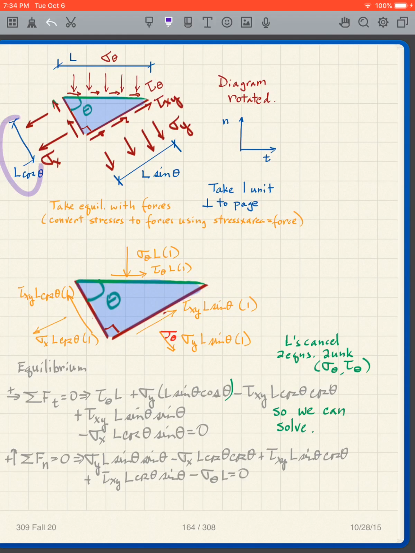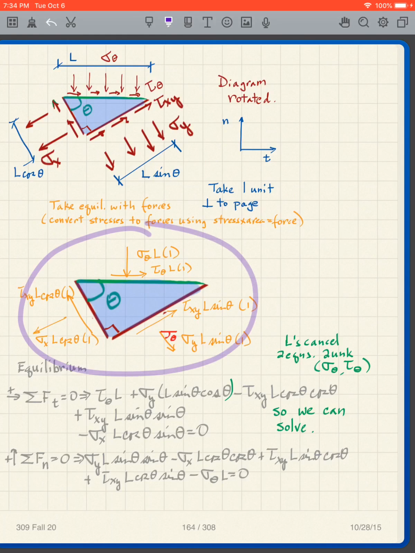And this is L cosine theta, so this is going to be sigma x L cosine theta times 1, and this is going to be tau xy L cosine theta times 1. Don't get confused by the xy, it's just the way everybody puts the subscript for this. Okay, so I now have this in forces. So I started out with stresses, and now I've got forces. Now I can do equilibrium.